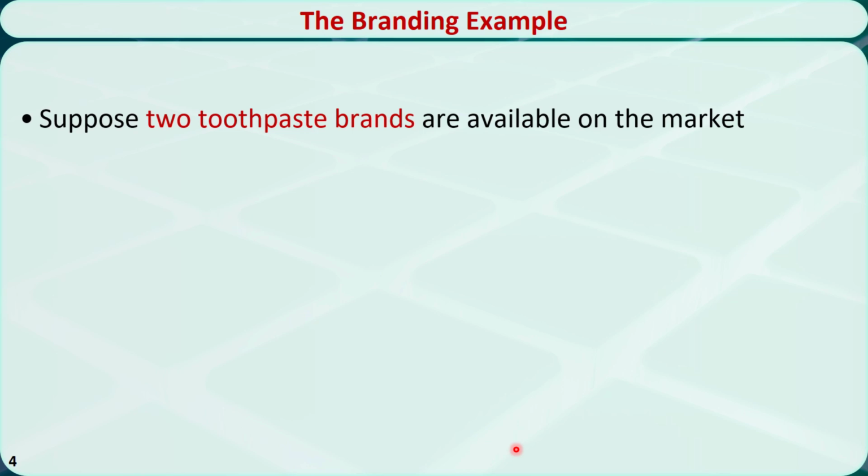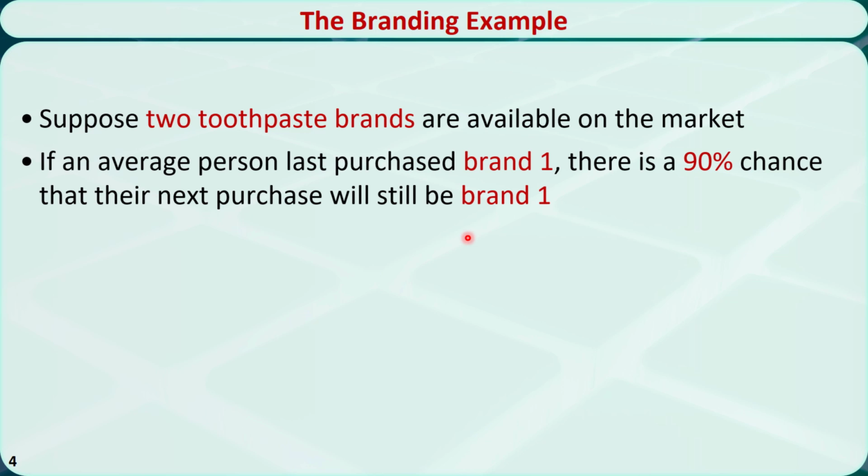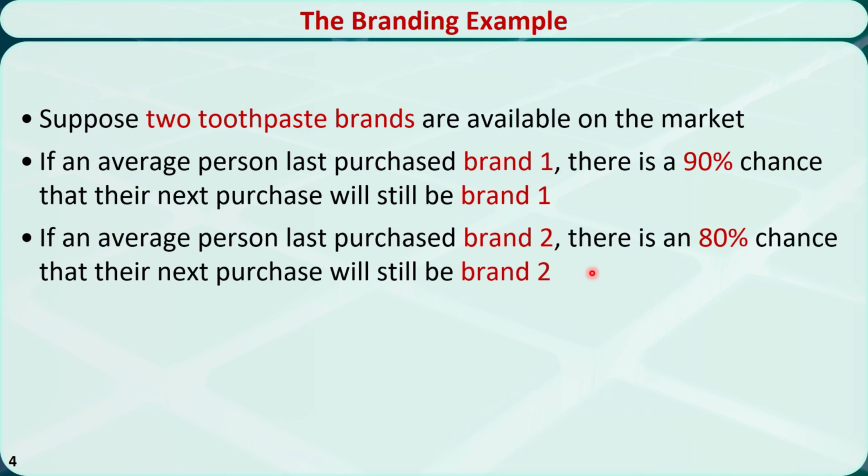Let's see an example. Suppose two toothpaste brands are available on the market. If an average person loves to purchase brand 1, there is a 90% chance that their next purchase will still be brand 1. If an average person loves to purchase brand 2, there is an 80% chance their next purchase will still be brand 2.